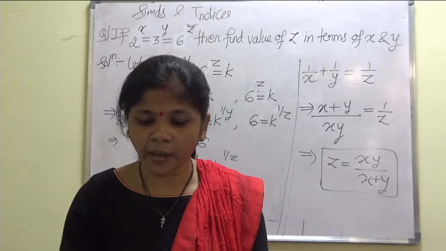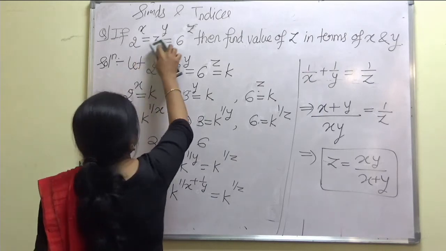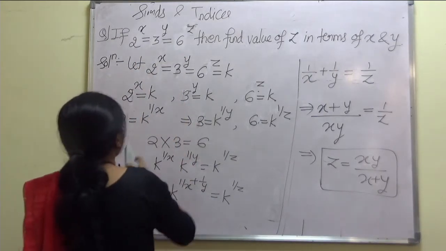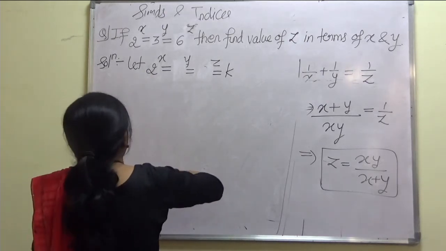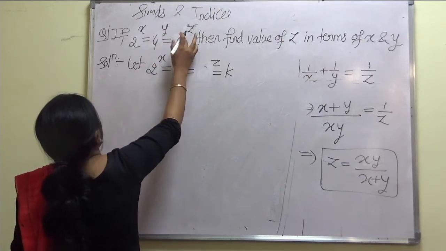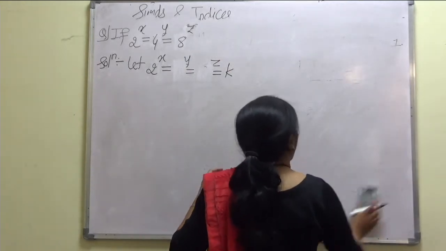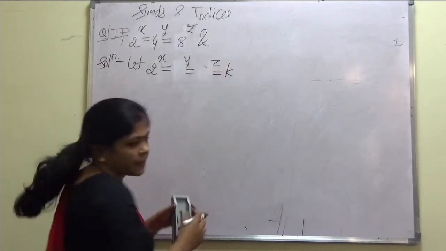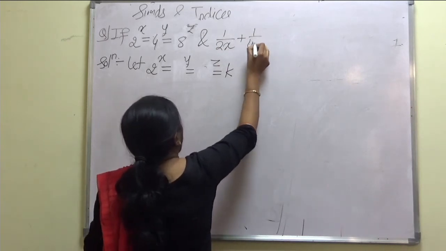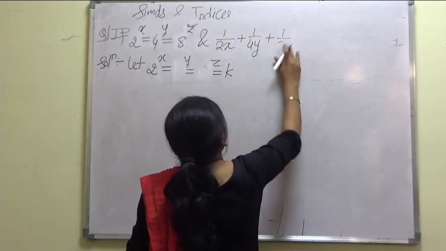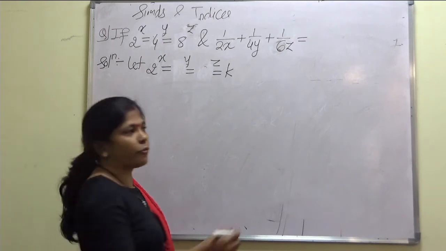That is very important and a little bit different also. So what is given is that 2 raised to x equals 4 raised to y equals 8 raised to z, and 1 by 2x plus 1 by 4y plus 1 by 6z is equal to 4.